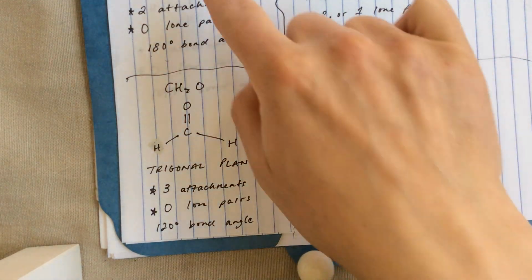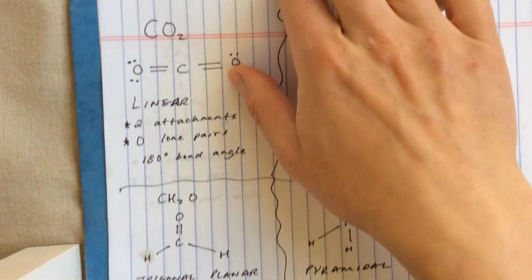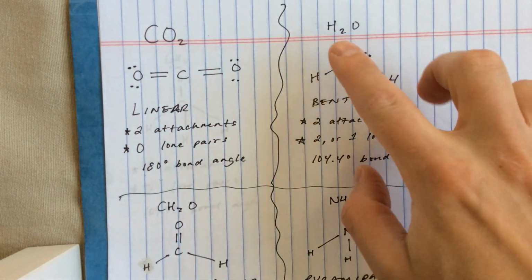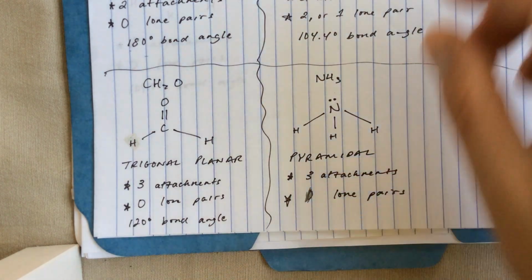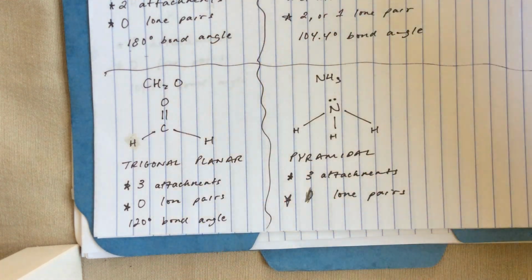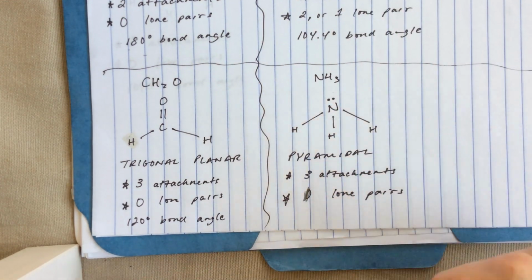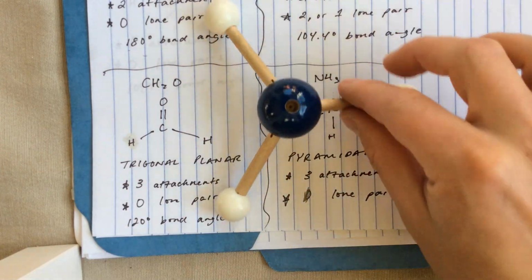Pyramidal is kind of the same thing as before. Instead of spreading out nice and even like this, the lone pair on top pushes those bonds down towards themselves, and you end up with this pyramid shape.